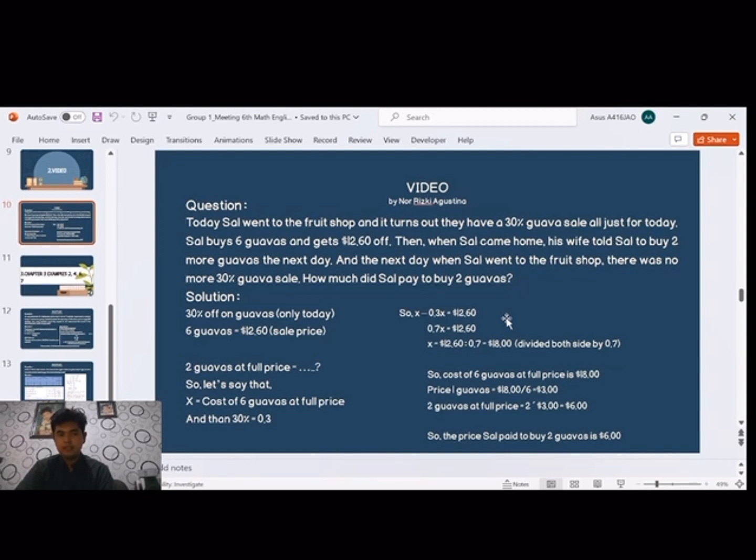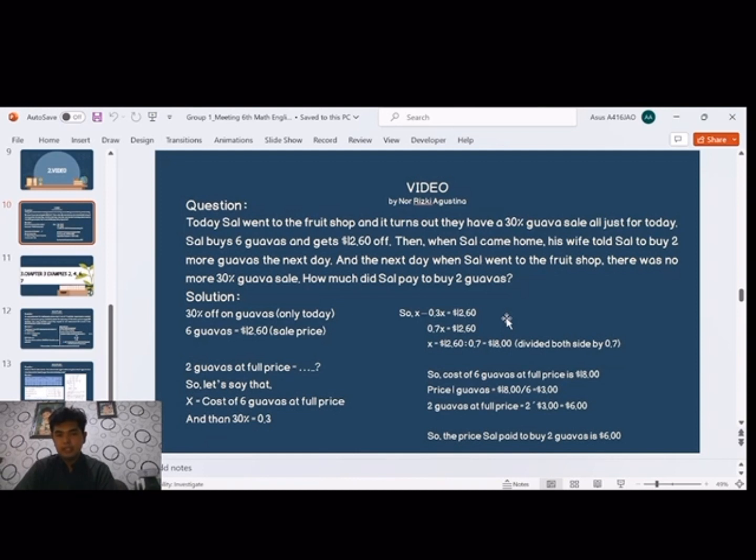Okay, let's say that X is the cost of 6 guavas at full price, and 30% is 0.3. So X minus 0.3X equals $12.60.